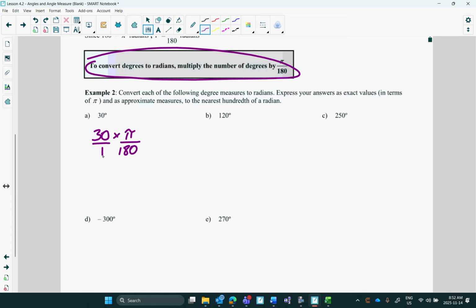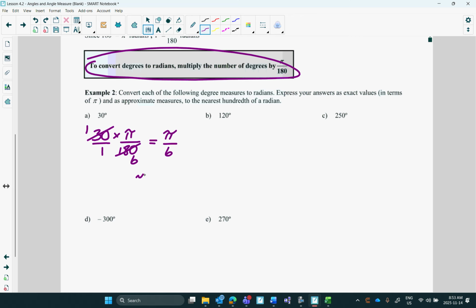Can I divide them both by 6? Yes. Is there a larger number? 30. Right? 30 divided by 30 is 1. 180 divided by 30 is 6. So that means your answer would be pi over 6 as an exact answer.